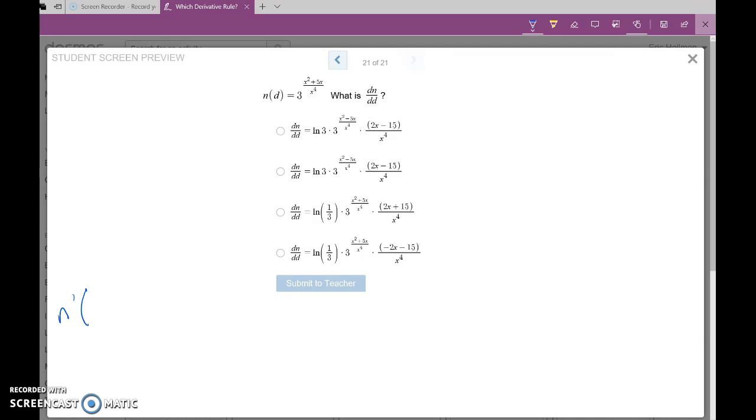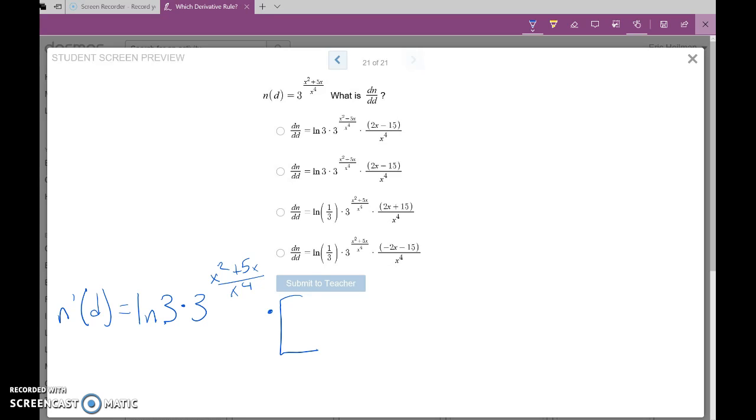N prime of D. So it's going to be natural log of 3 times the original function, 3 to the x squared plus 5x over x to the 4th, times the derivative of the exponent. So here I'm going to have to use the quotient rule.